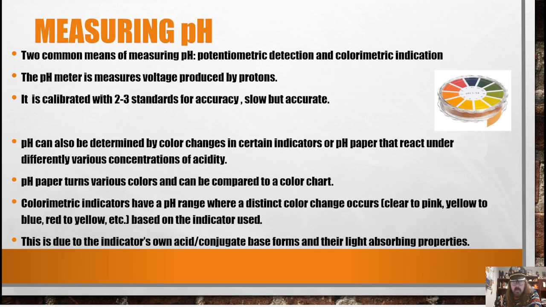And that has to do with the light absorption properties. Those are generically useful, and they're fast. They're not as accurate, but they are very fast and very easy to see.